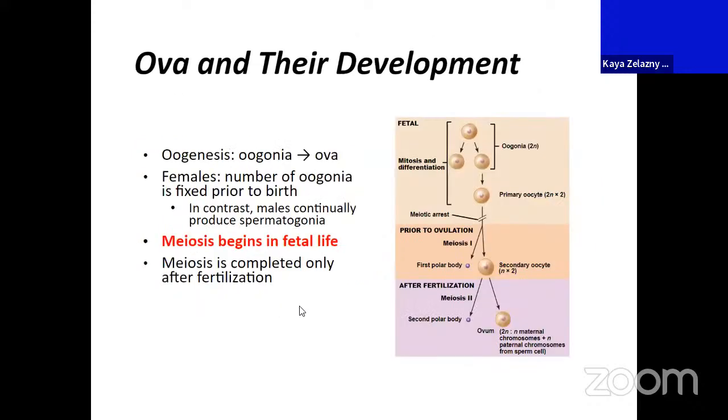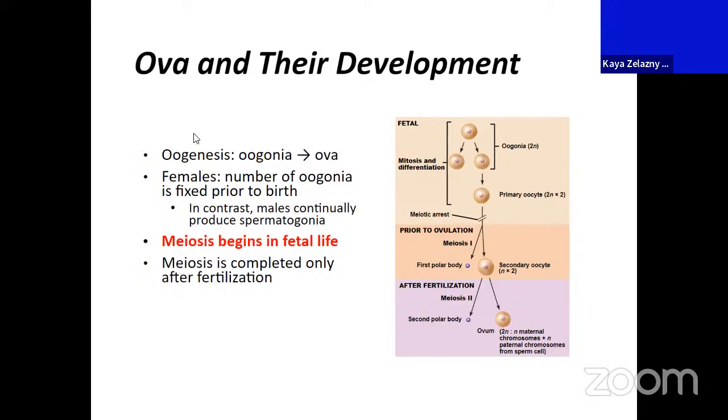For our egg cells to develop, we likewise need to undergo meiosis to get from a diploid cell, a normal cell with all those homologous pairs of chromosomes, to a haploid gamete cell. But the time scale for this is different than we see in males.